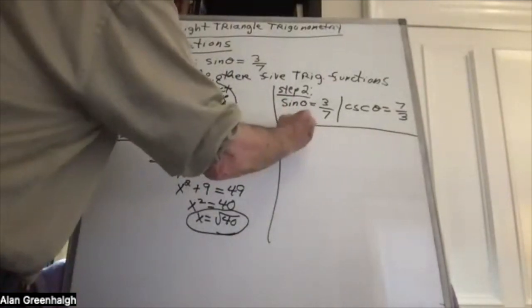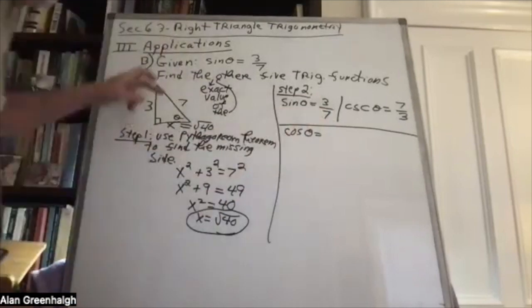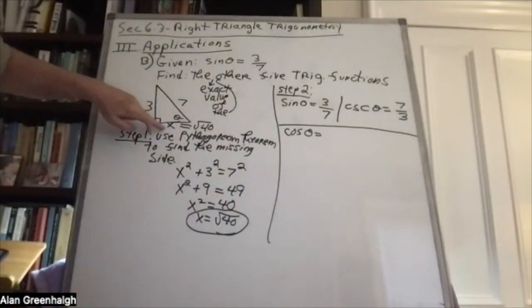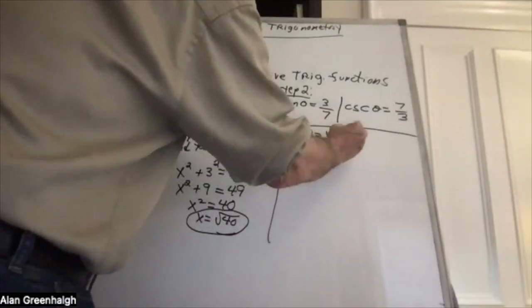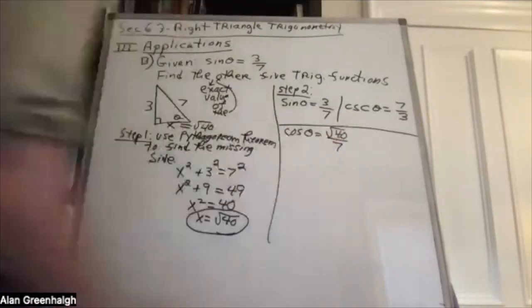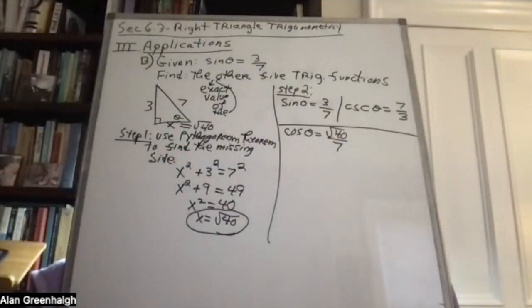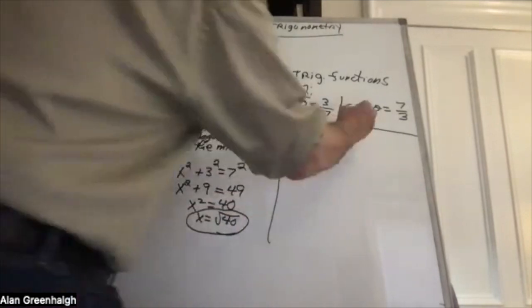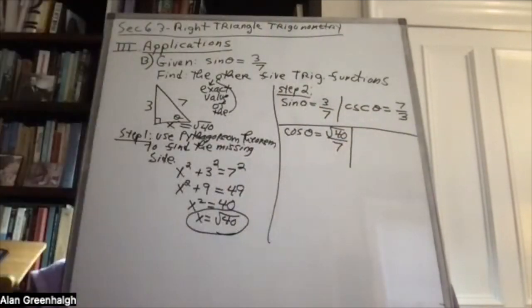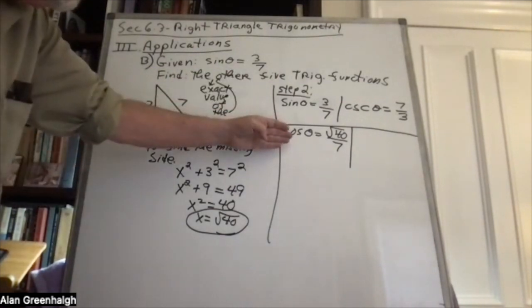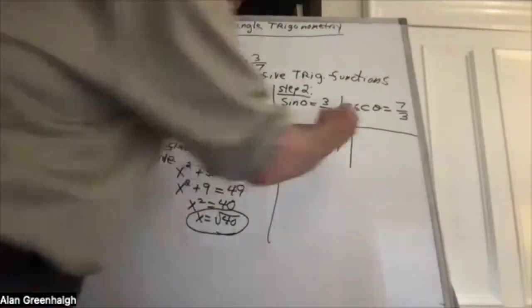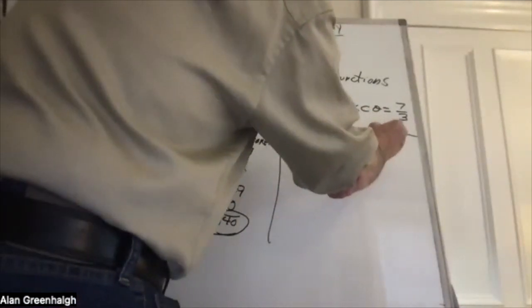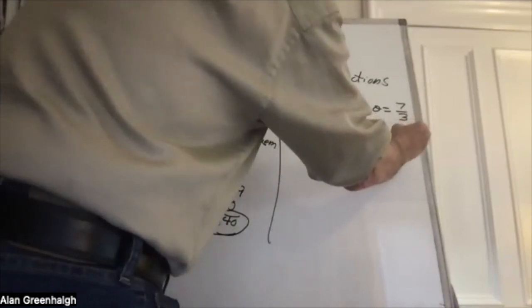So cosine. The cosine of theta is equal to the adjacent over the hypotenuse. If you know cosine, you automatically know the reciprocal of cosine, which is secant.